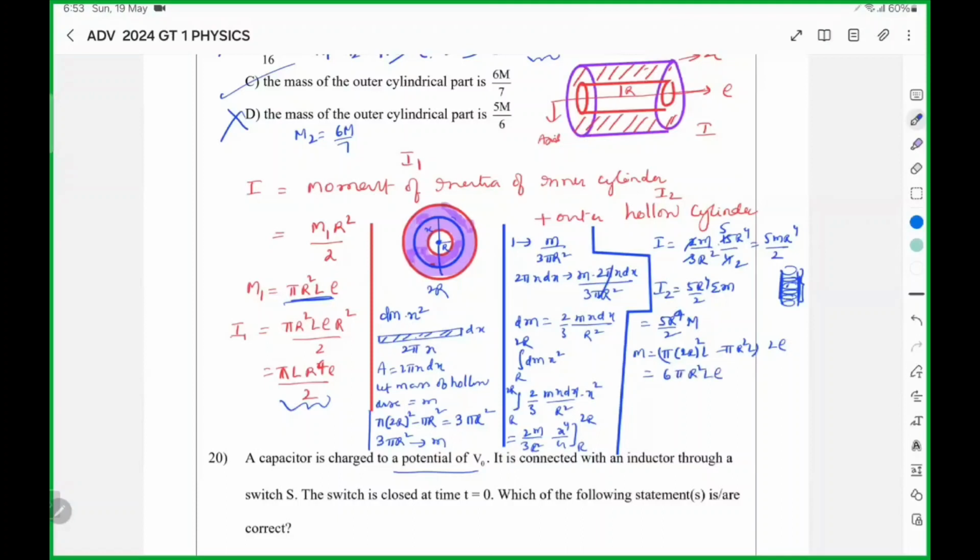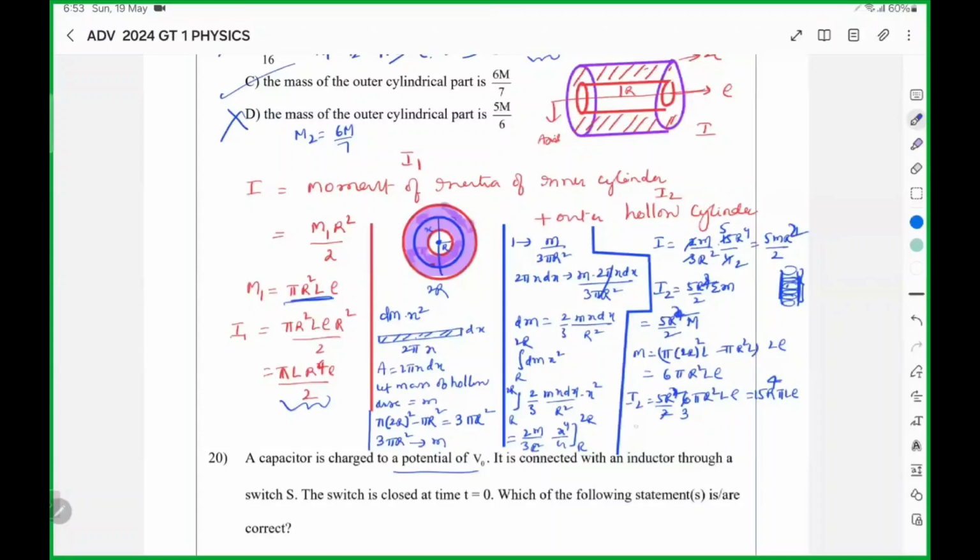So now I2 will be 5r power 4 by 2. M here is 6 pi r square L rho, that is 15 r square... r power 4 pi L rho.